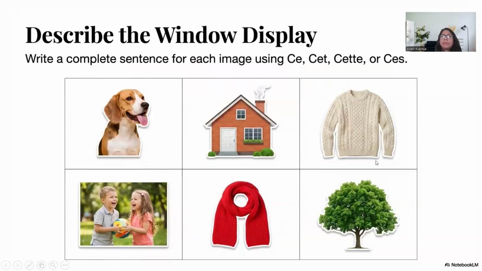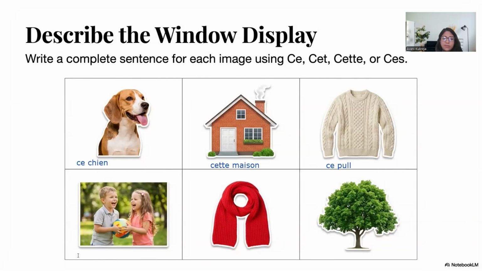Okay, let's complete the sentence. This dog, what is it going to be in French? Ce chien. This house would be? Cette maison. This pullover? Ce pull. These children?